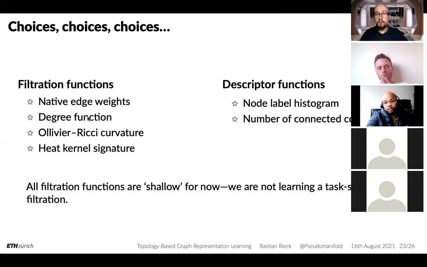But that's also a very important point to make here. This is why I'm stressing this so often. These functions are really shallow, so they're not task specific yet, which is exactly why their performance is so surprising. Because you wouldn't expect that just by counting the node labels across various scales of your graph you would gain this sort of representation that is actually useful.